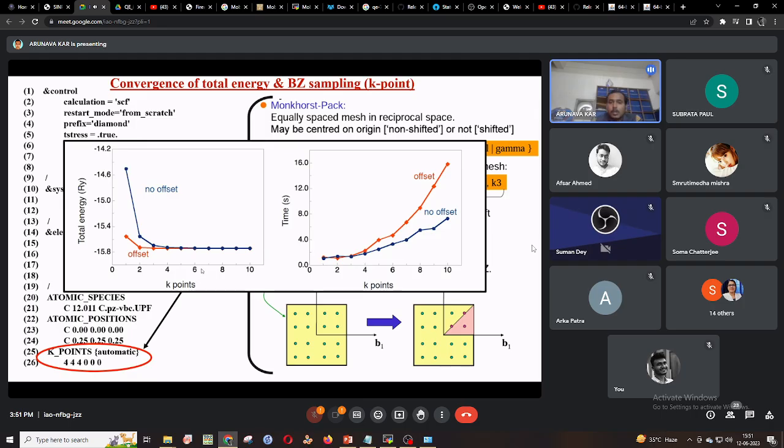So here also we need to optimize in every case what K points we need to take for our calculation. In the exercise, we will check for the silicon case what amount of K points we need to consider to get a convergent value of the total energy of the system.